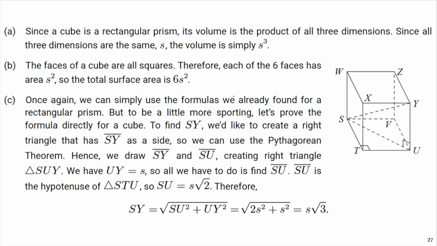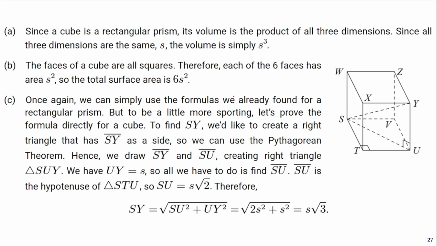Question C, once again we can simply use formulas we already found for a rectangular prism, but to be a little more sporting, let's prove the formula directly for a cube. To find SY, we'd like to create a right triangle that has SY as a side, so we can use Pythagoras theorem here. We draw SY and SU, creating right triangle SUY.